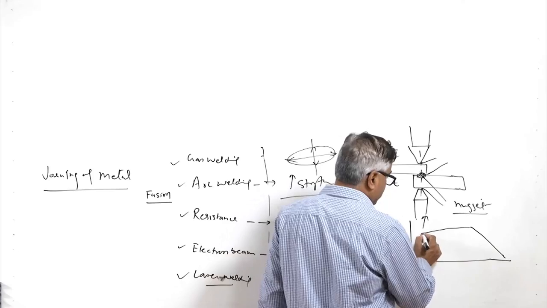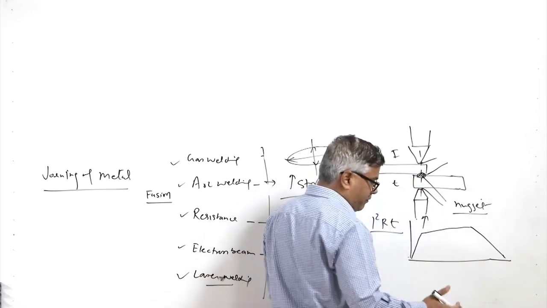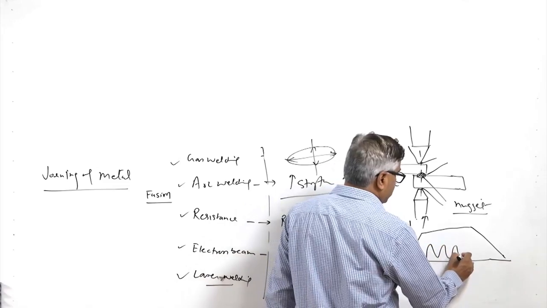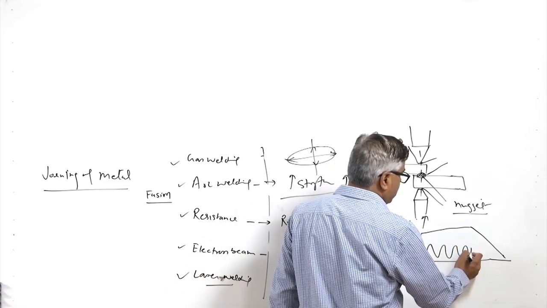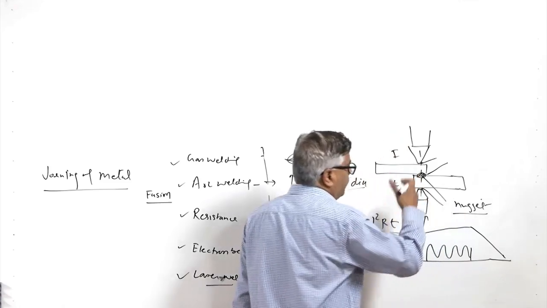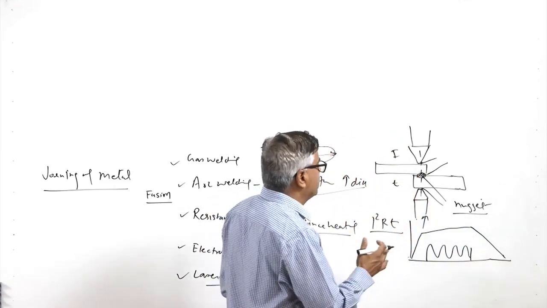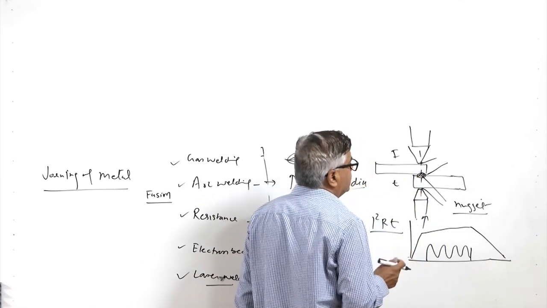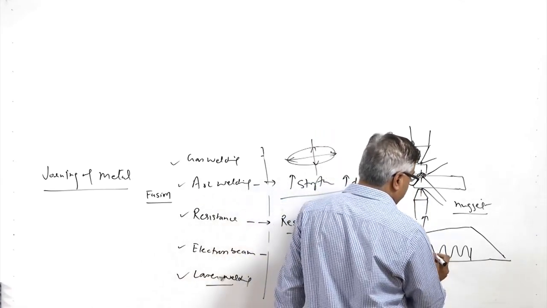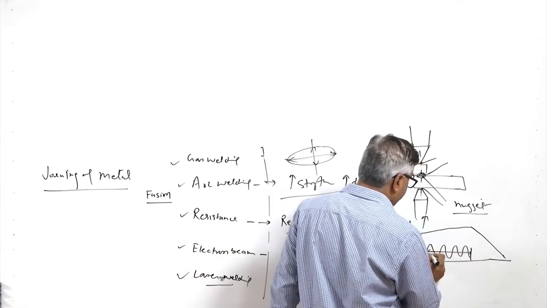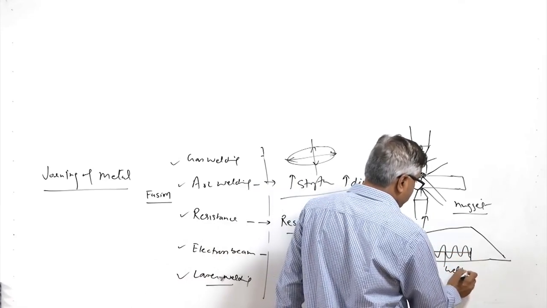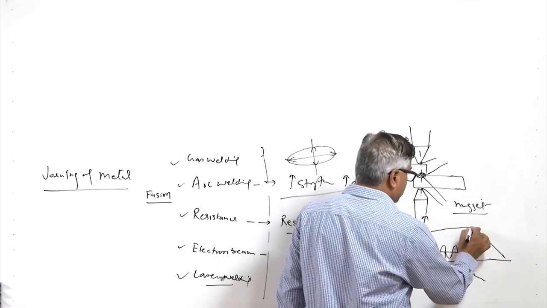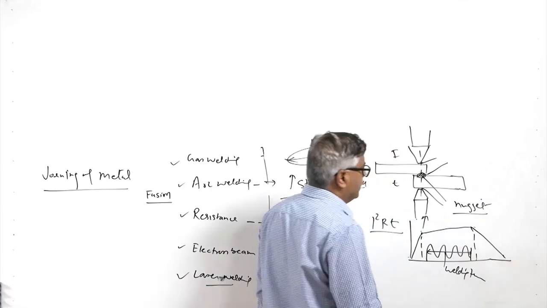Once the plates are firm in contact with the electrode, the flow of current is started so that heat is generated, and then the fusion will take place, and under the pressure in confined conditions, the solidification will be taking place. This is the welding time, and this is the time for which pressure remains constant, and thereafter it is released.